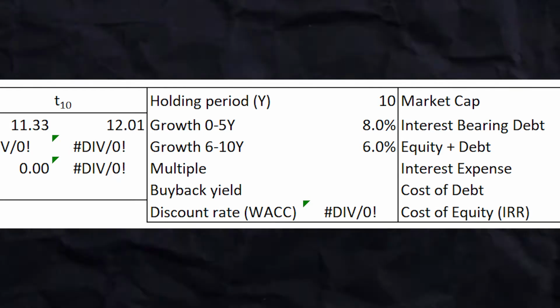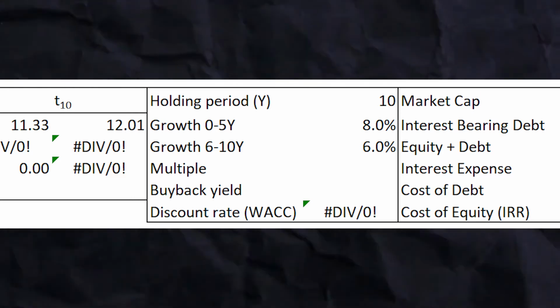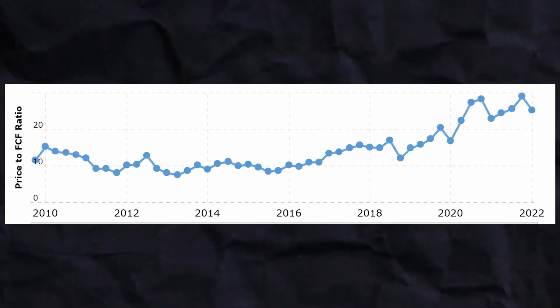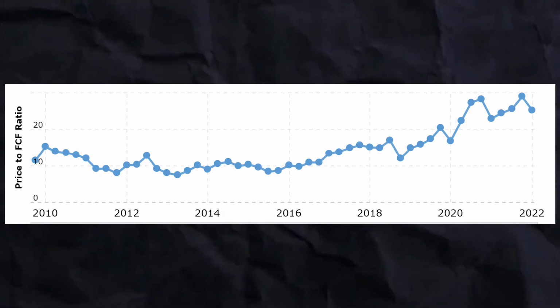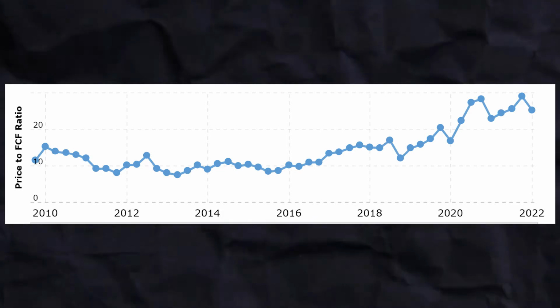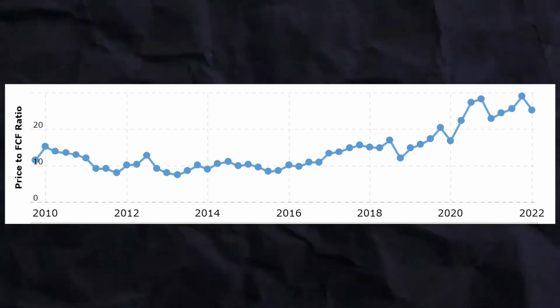Next, we have to assume Apple's price to free cash flow multiple at the end of a 10-year holding period. If we look at Apple's historical price to free cash flow ratio over the last 12 years, we see that Apple most of the time traded somewhere in the range from 10 to 20.